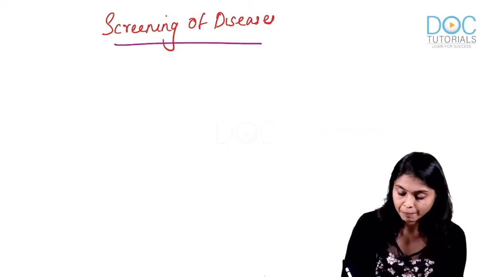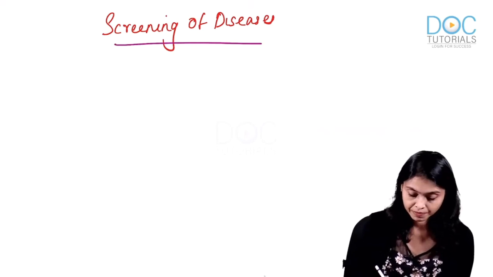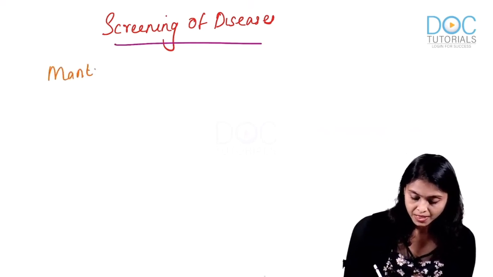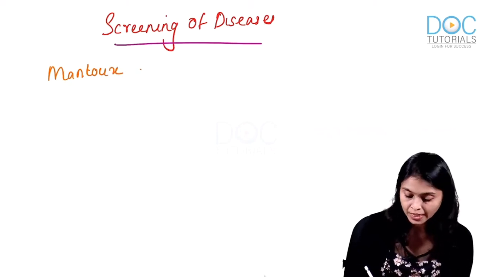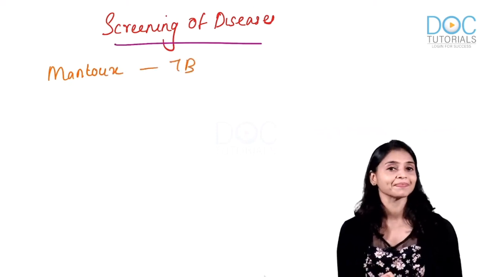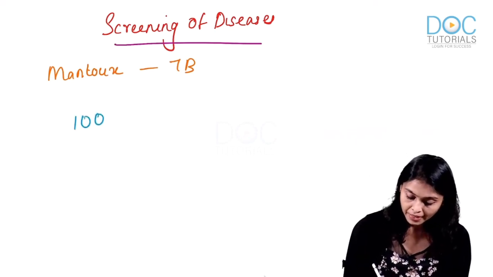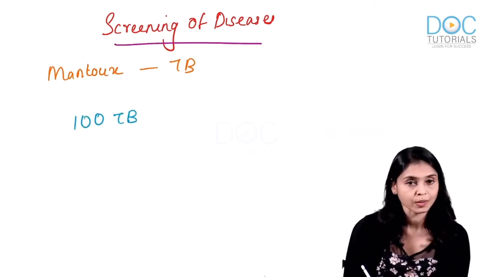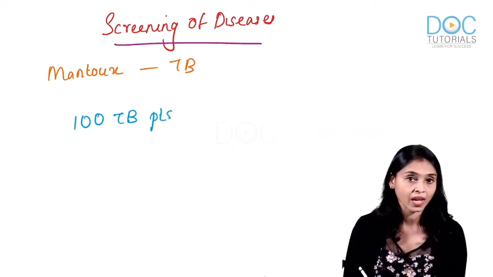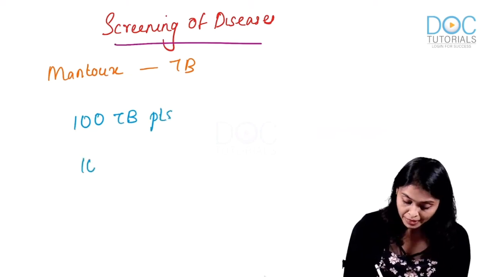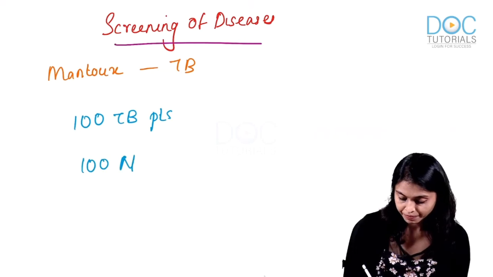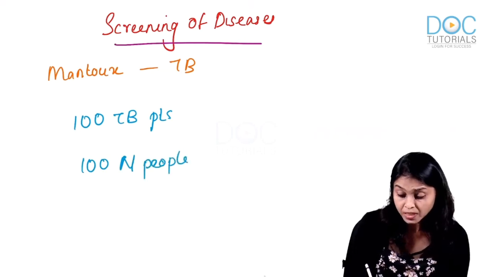Using a very simple example, Mando test. It's a simple screening tool for TB. Okay. Imagine that I have 100 TB patients with me. And I have 100 normal people. Normal in the sense they don't have TB.